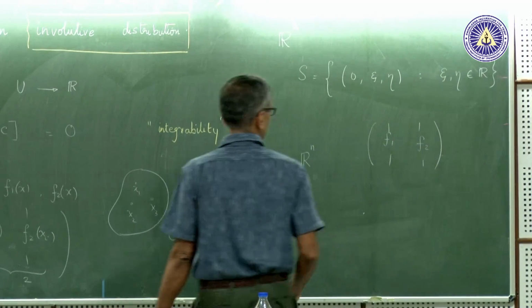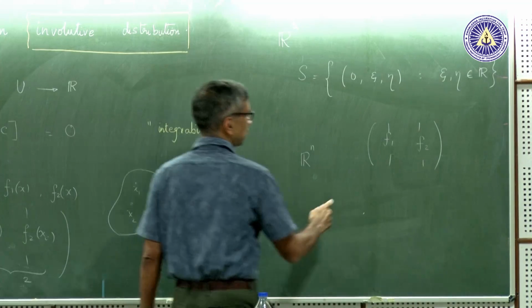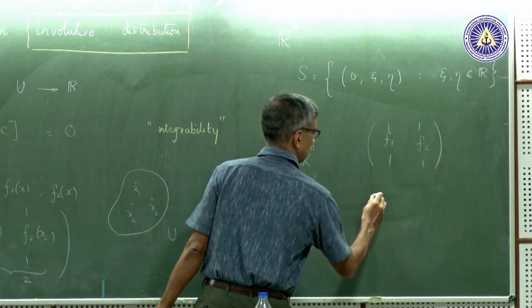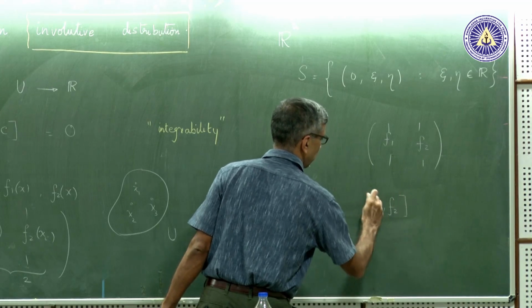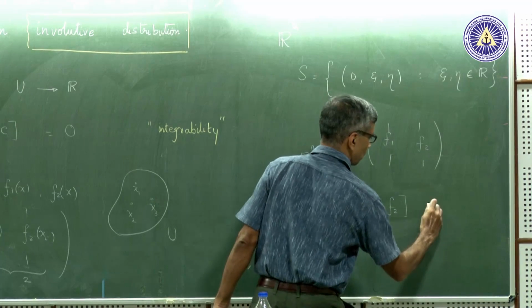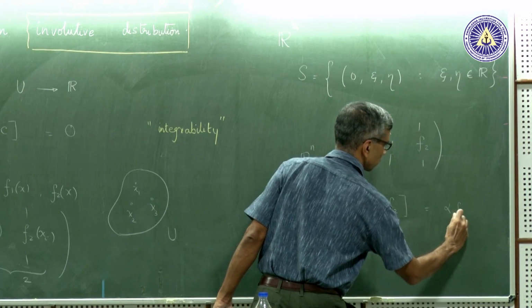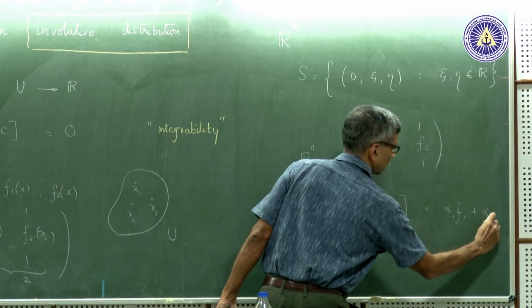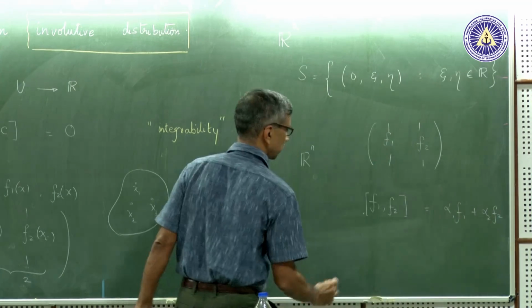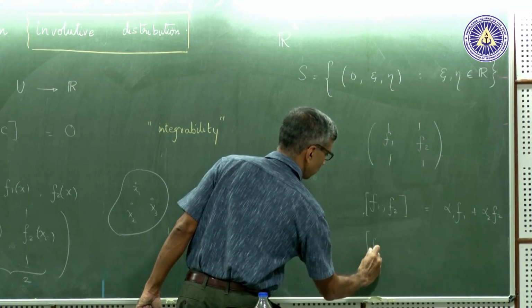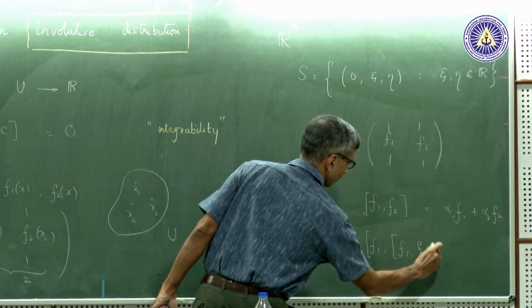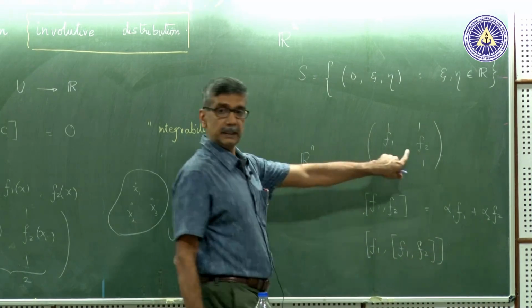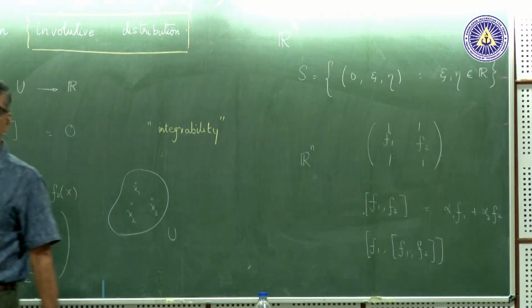Now, suppose the Lie bracket of F1 and F2 could be written as just a linear combination of these, and even further Lie brackets could be written as linear combinations of these two vector fields.